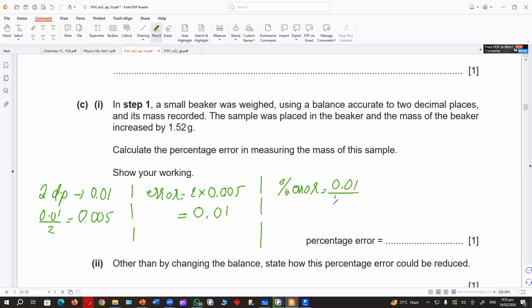So you divide it by 1.52 into 100. It will be 0.658. Okay. 0.66.